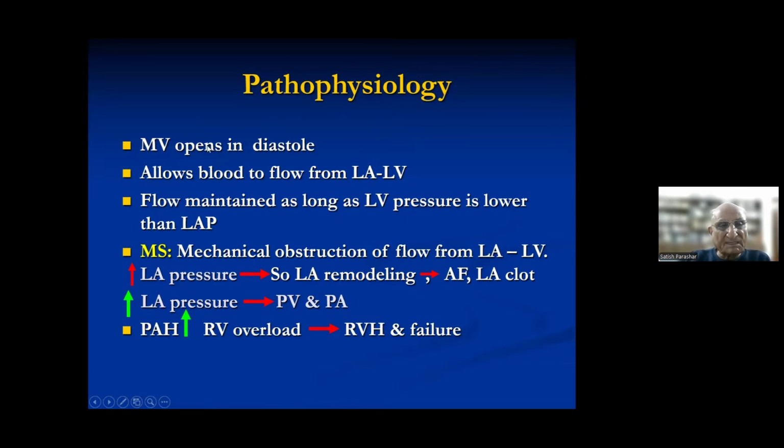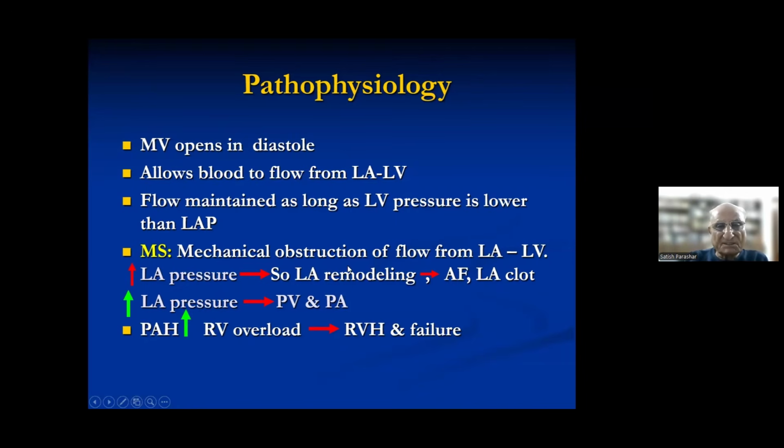Now, based on this, what happens in mitral stenosis? There is obstruction to the flow from LA to LV. So when there is an obstruction to the flow, the feeding chamber pressure increases, as we told you. So there is increased LA pressure, and the LA size increases.